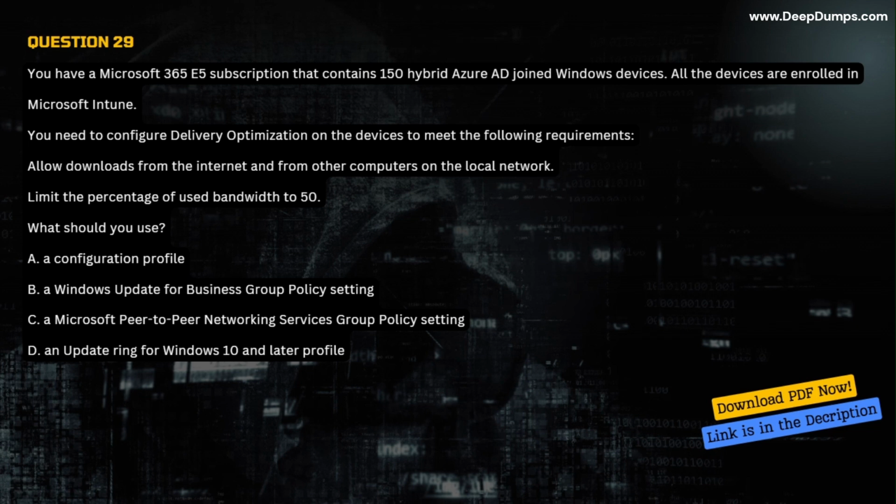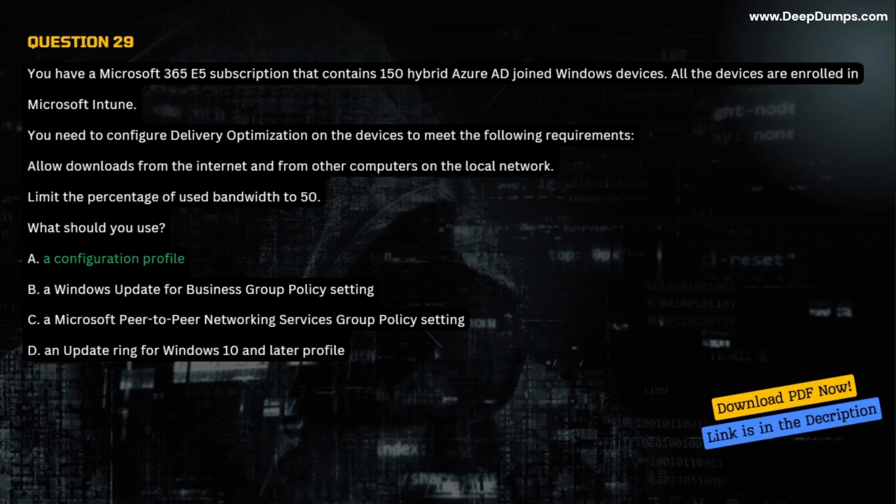Limit the percentage of used bandwidth to 50. What should you use? A. A configuration profile. B. A Windows update for business group policy setting. C. A Microsoft peer-to-peer networking services group policy setting. D. An update ring for Windows 10 and later profile.